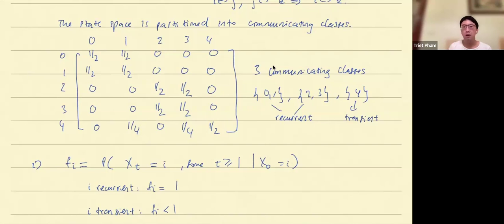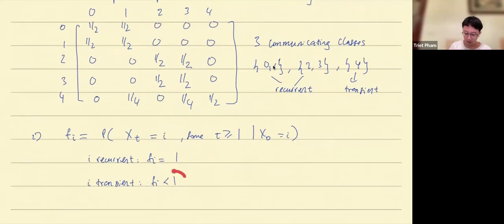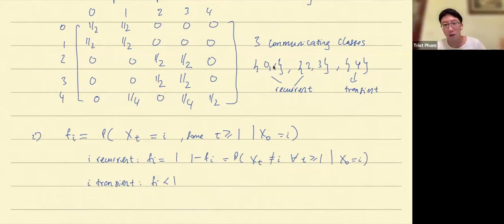And so here, f_i less than 1 means there is a chance that you will not return, the negation, the complement of this, which is the probability that X_t is not equal to I for all t. And that's what it means to be escaping from the state.